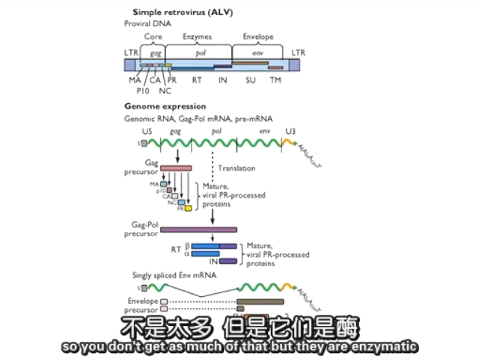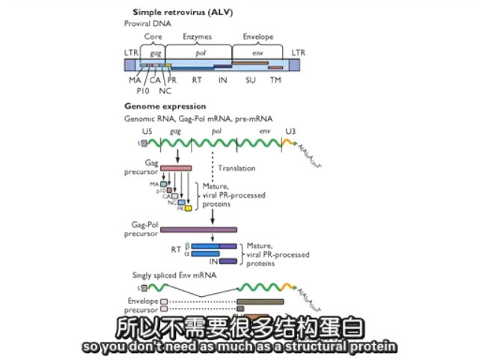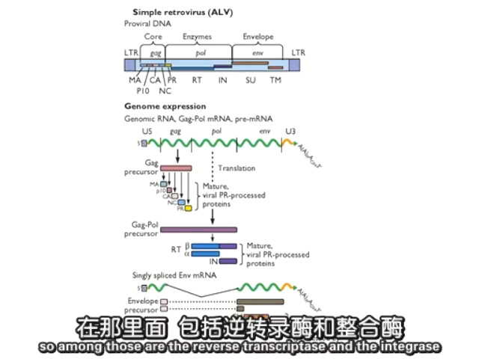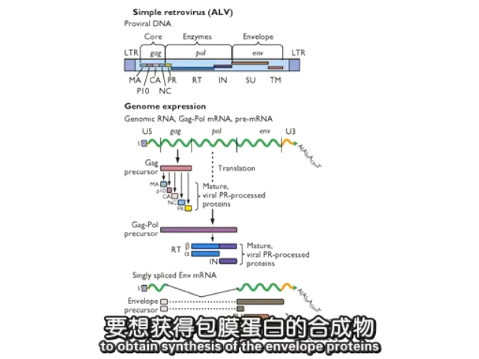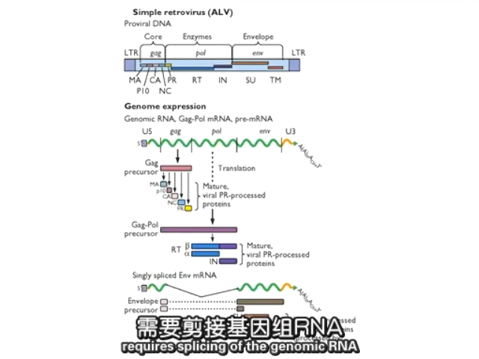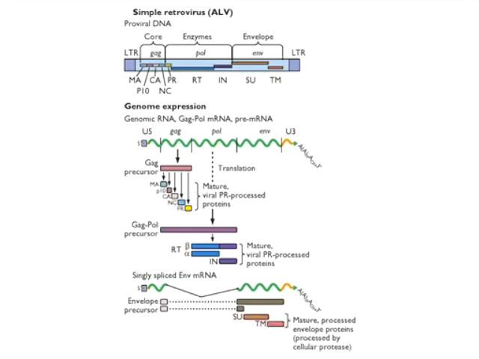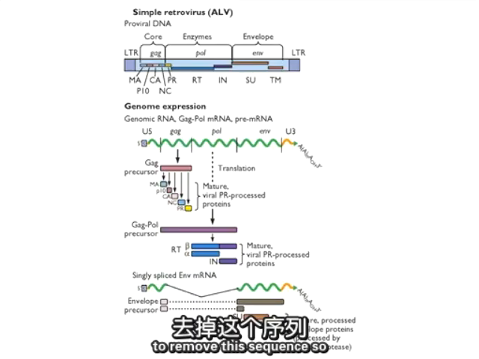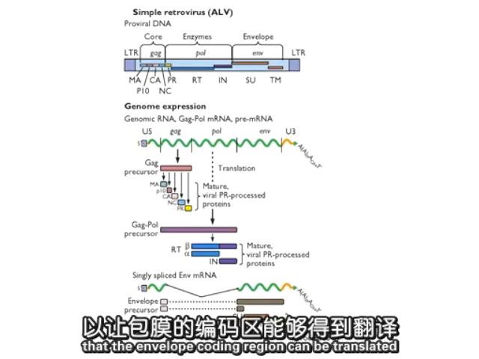So you don't get as much of that, but they're enzymatic, so you don't need as much as a structural protein. So among those are the reverse transcriptase and the integrase. To obtain synthesis of the envelope proteins requires splicing of the genomic RNA to remove this sequence so that the envelope coding region can be translated.